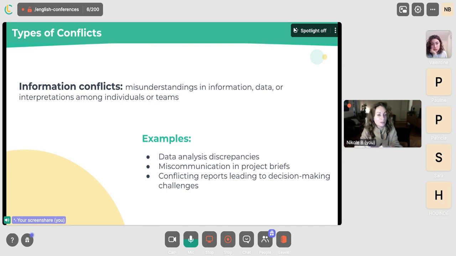Or there's a miscommunication in the project brief. Okay, one person understood one thing, another person understood something else. Okay, and these kinds of conflicts can lead to decision-making challenges. Okay, but it's essentially a conflict over not understanding information correctly, right? Because we all interpret information differently.